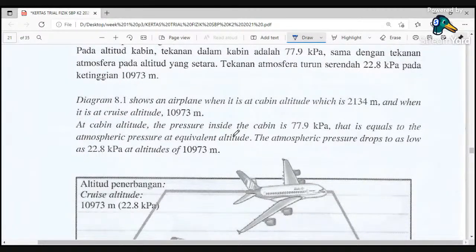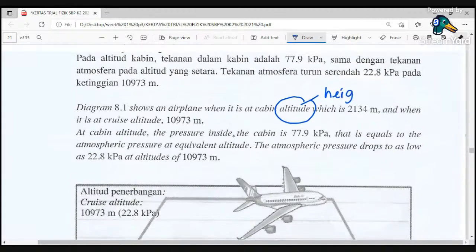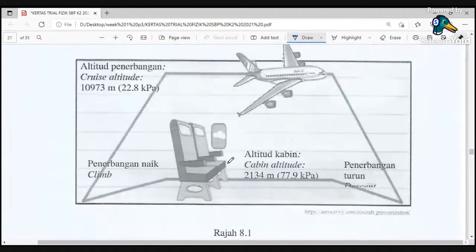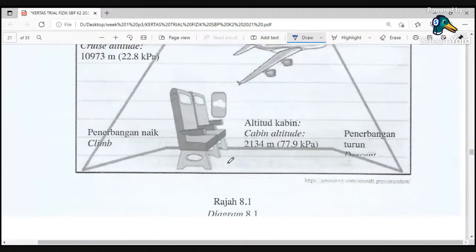So you can see it is all about change in altitude. What is altitude? It means height, ketinggian. And also it discusses pressure. So the change in height will cause the value of atmospheric pressure to change.